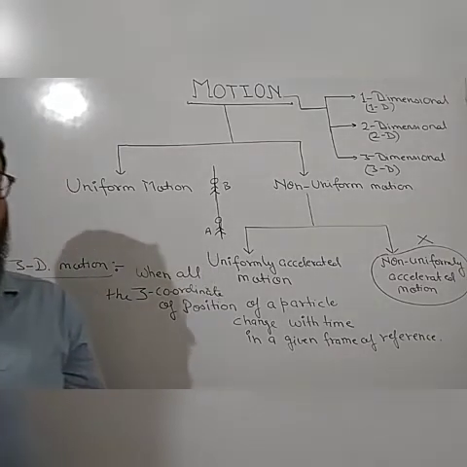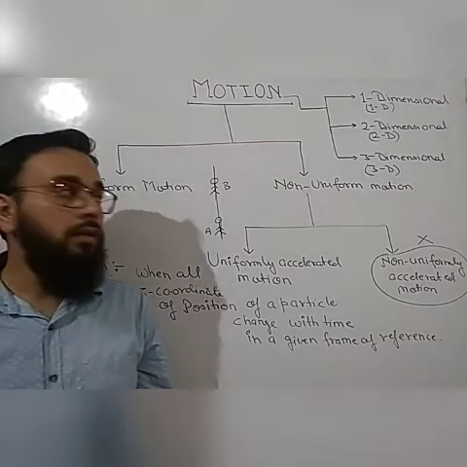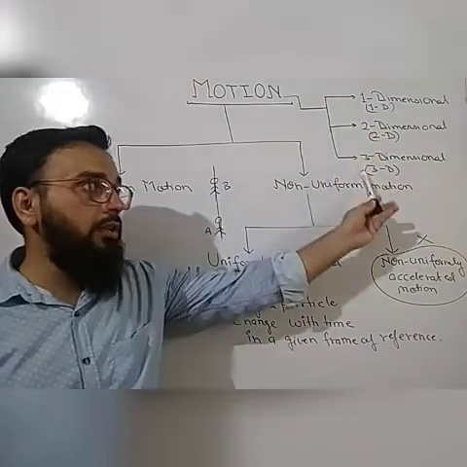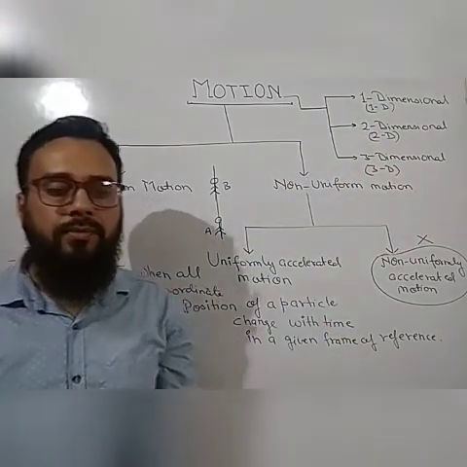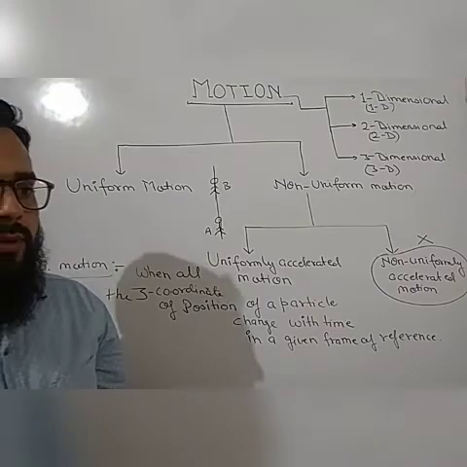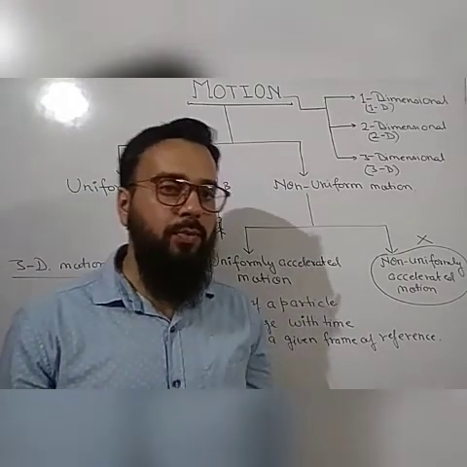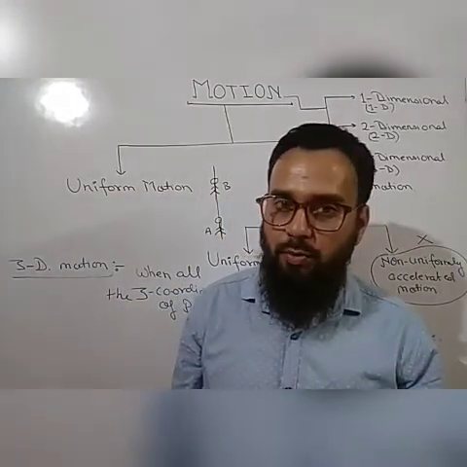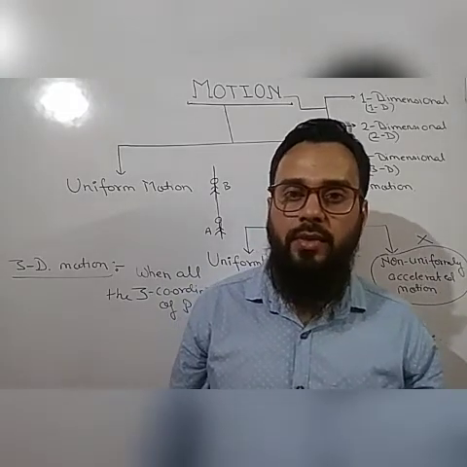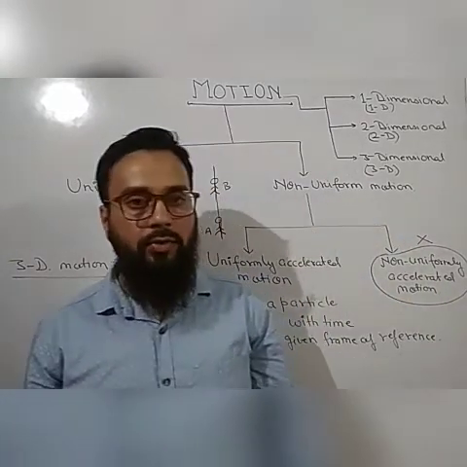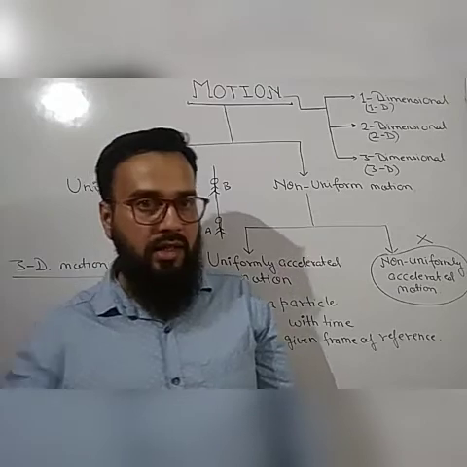Okay, let us take an example in which all the three motions, 1D, 2D and 3D, can exist together. Suppose an aeroplane, you take an example of an aeroplane. When an aeroplane is moving on its runway, when it is going to fly, then it moves on its runway.